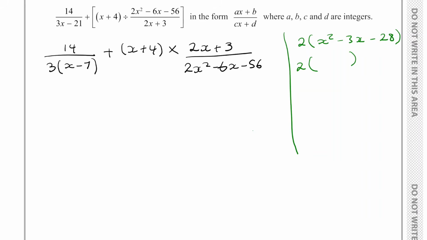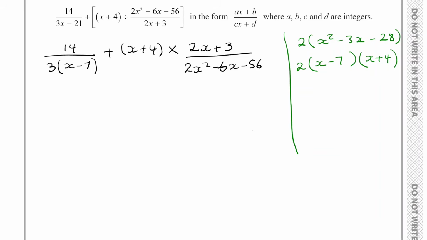Then I'll factorize x squared minus 3x minus 28. What multiplies to make negative 28 and adds to make negative 3? It's 7 times 4, with a minus 7 and a plus 4.